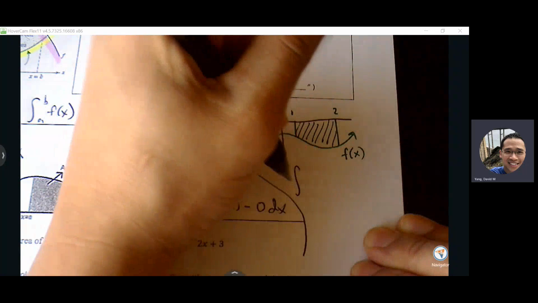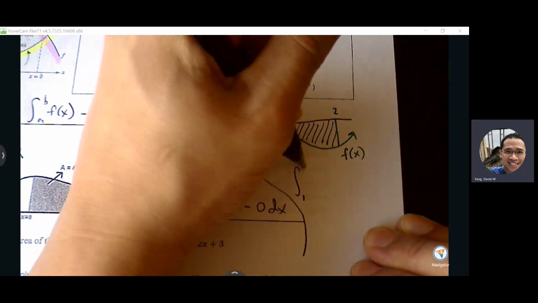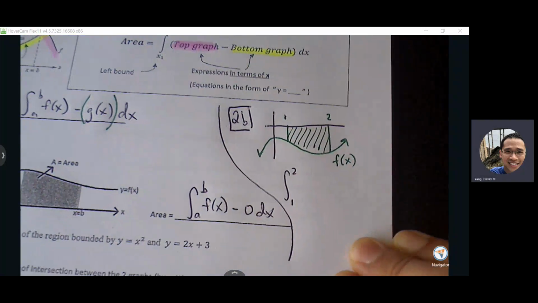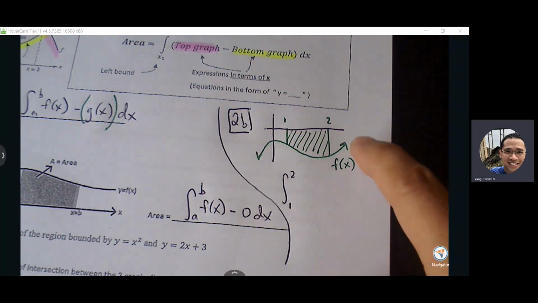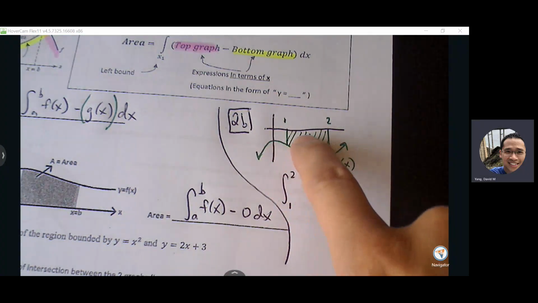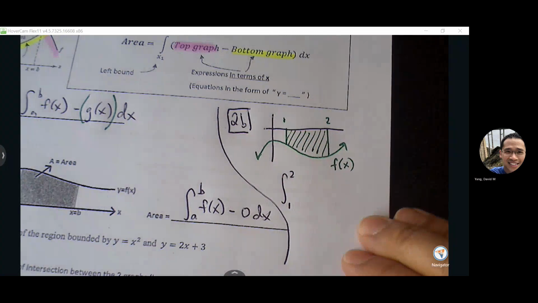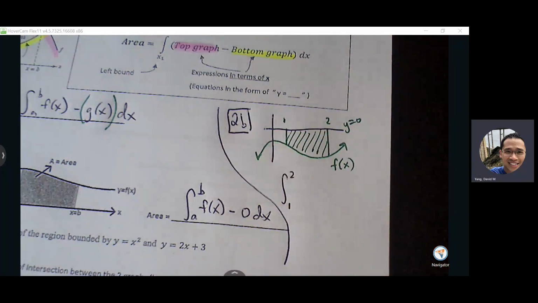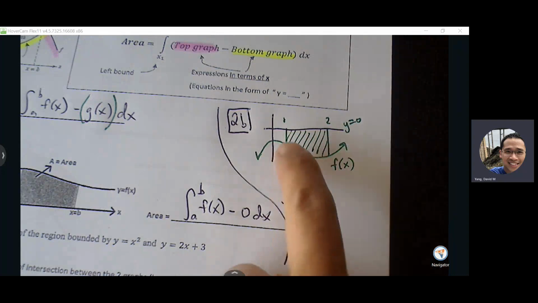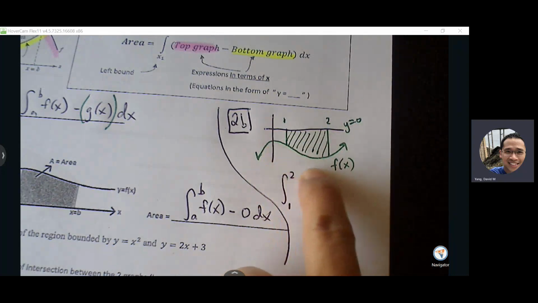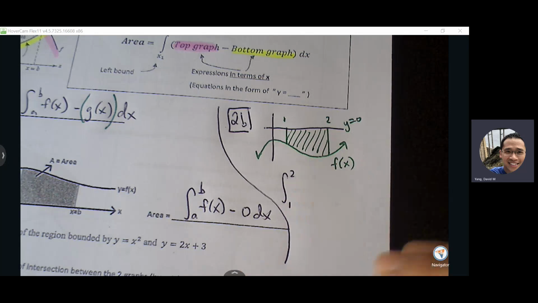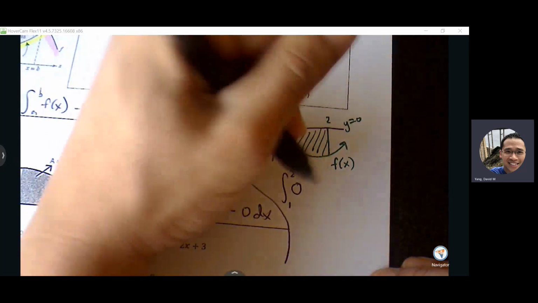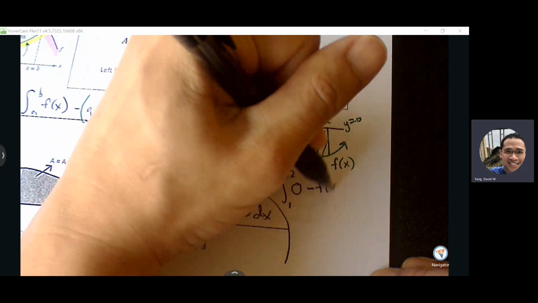So area is from 1 to 2. Now, what's the top graph in this instance? The top graph is actually going to be y equals 0. See that? The top boundary of the shaded region is 0. The bottom boundary is my f of x. So in this case, it's going to be 0 minus f of x.